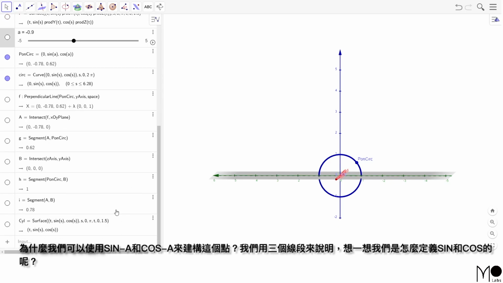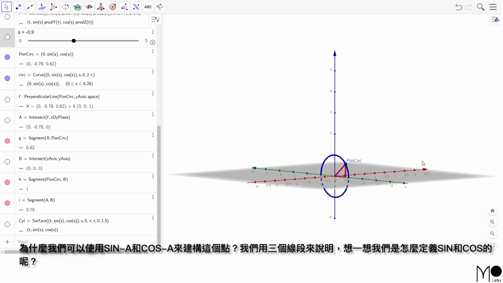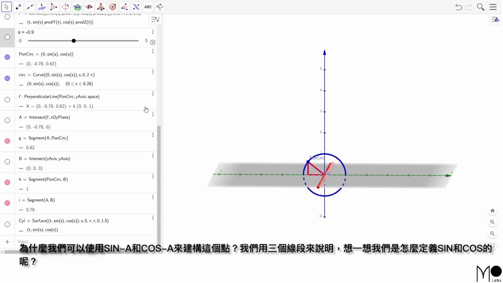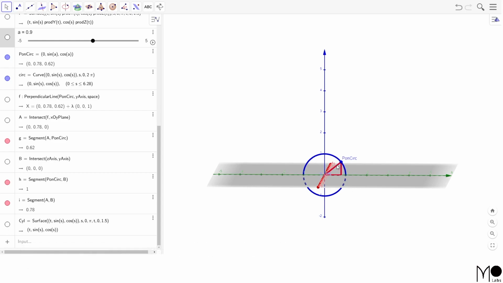To explain this, let me show these segments, which change with the point. How are the sine and cosine of an angle defined? Let's take, for example, the upper angle here.